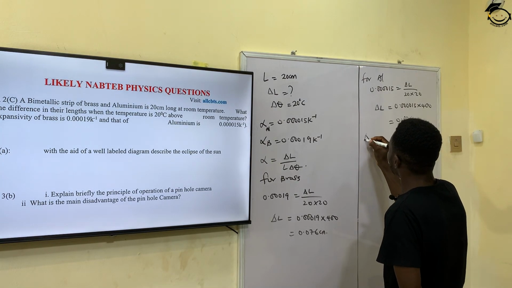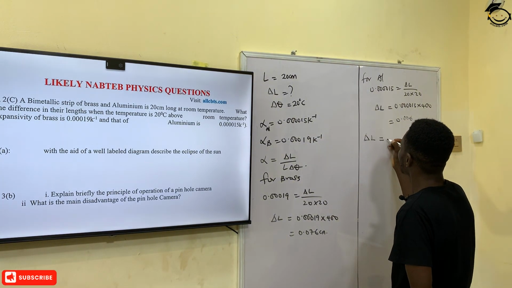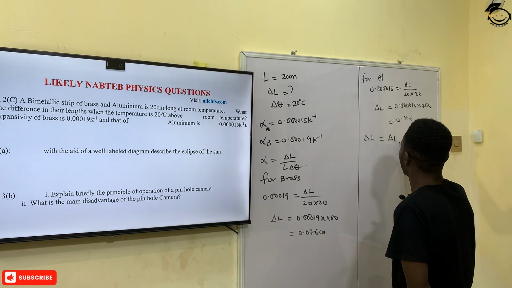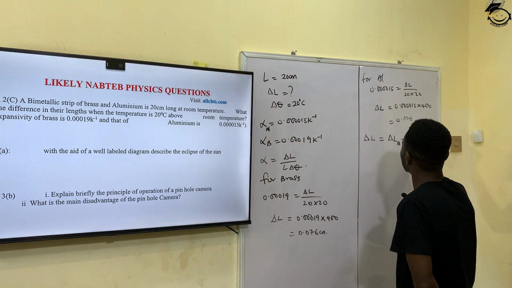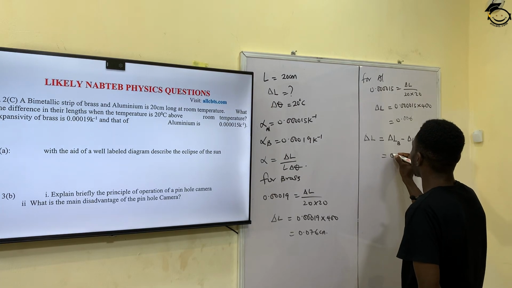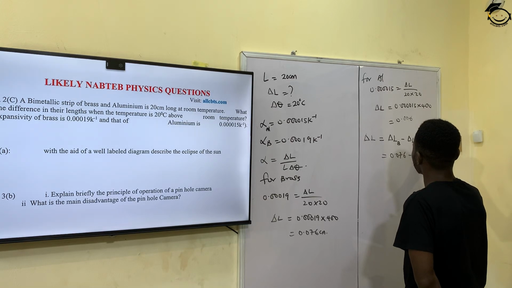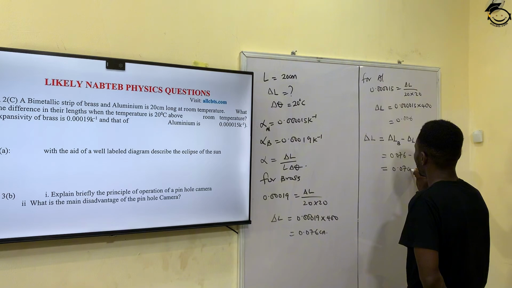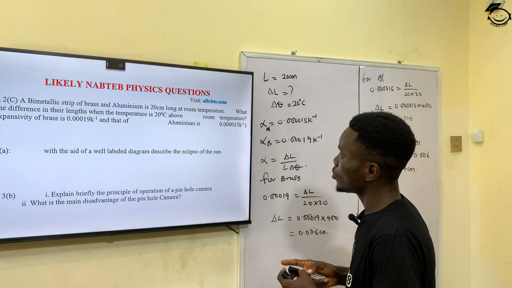So the difference in their length, therefore, is the change in length of brass minus the change in length of aluminium. So that is to say that I have 0.076 minus 0.006, and that will give me 0.07 centimeters. So at the end of the day, the answer to this question is 0.07 centimeters.